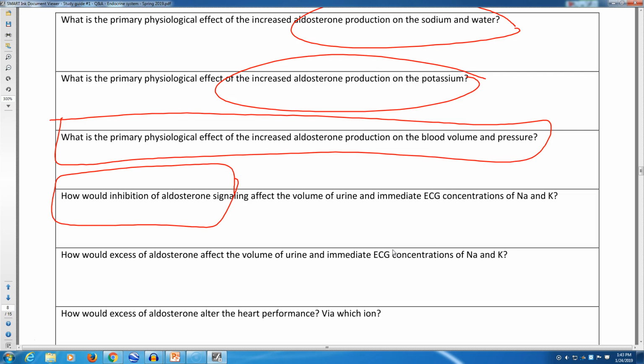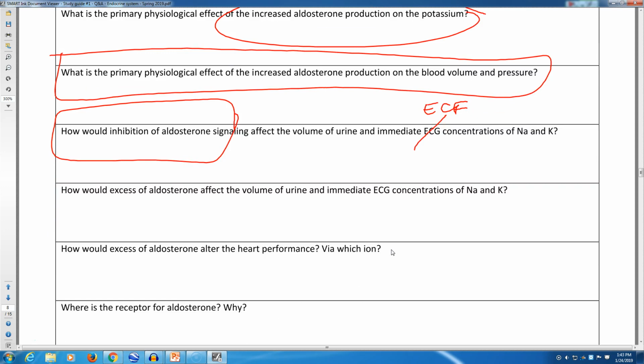So sodium, not ECG, ECF. It's not a cardiogram. Excess aldosterone: if you have too much aldosterone, what's going to happen to the volume of your urine? It's going to be really small. Your blood pressure will go up, and your sodium amount in the body will go up. Potassium will be excreted.